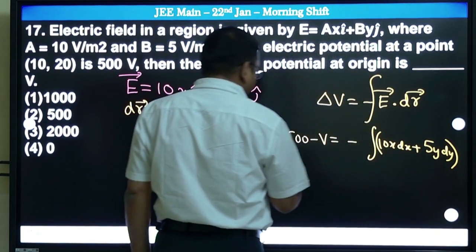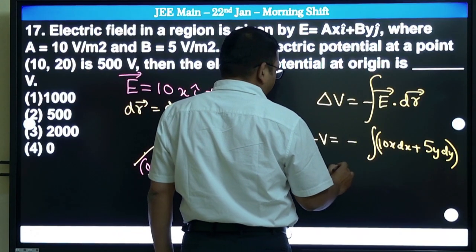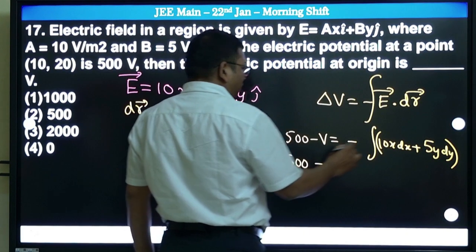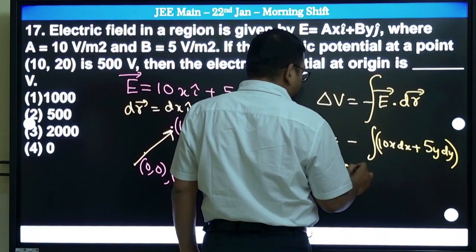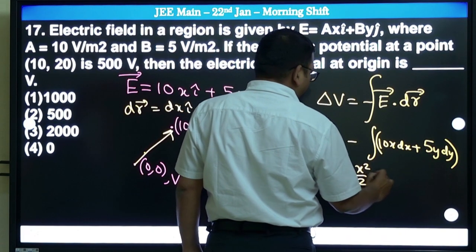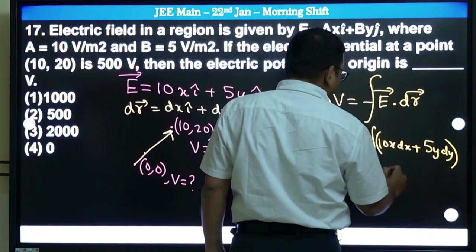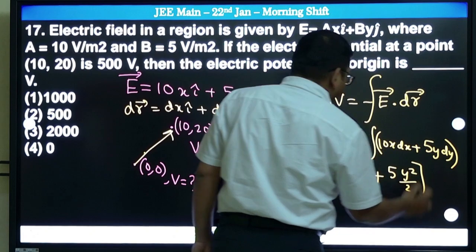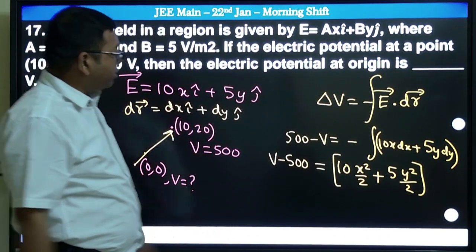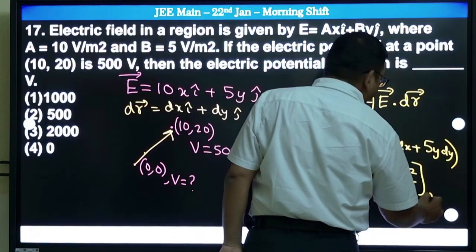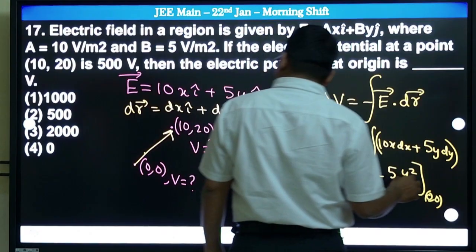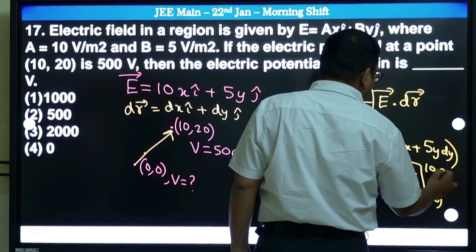So let us integrate this. If you want, we bring this side, so this becomes V minus 500, and this becomes integration of 10x dx, x square by 2, and for y integration, y square by 2. The values of x and y are going from origin to that point. So the initial value you can substitute (0, 0), which will make everything 0. Upper limit is (10, 20).